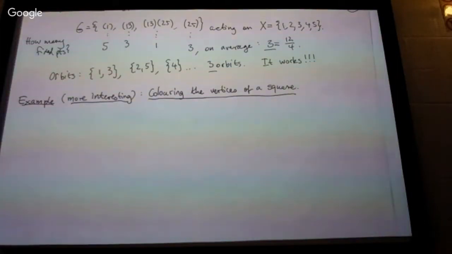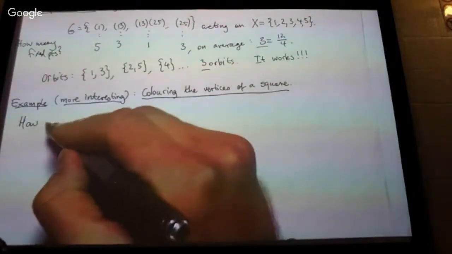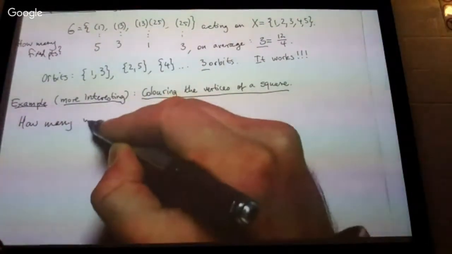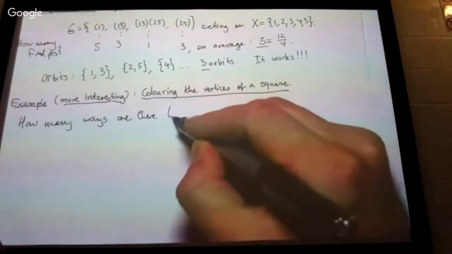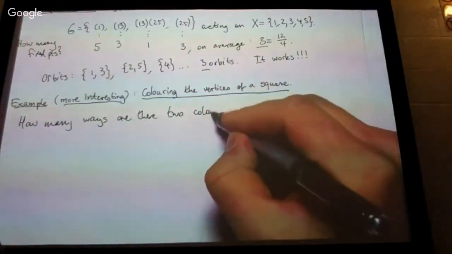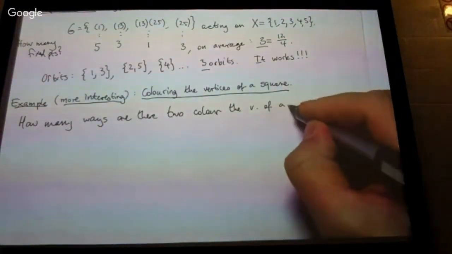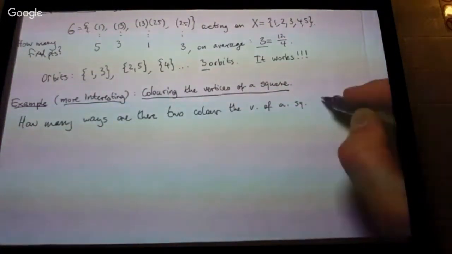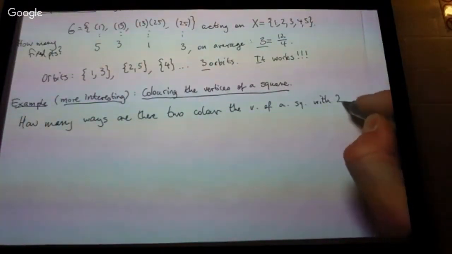Okay, so how many ways are there to color the vertices of the square with 2 colors?